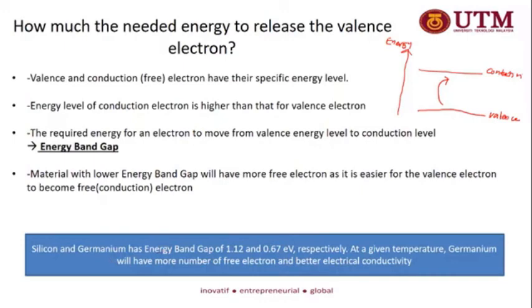So we can expect germanium to have more free electrons because of the smaller energy band gap, because it is easier for the electrons inside the germanium to move from the valence energy shell into the conduction energy shell.